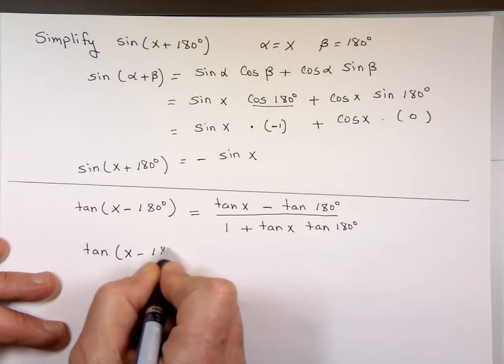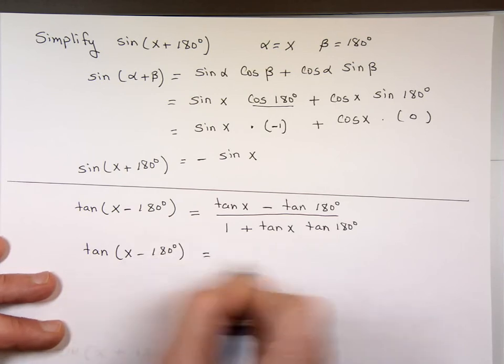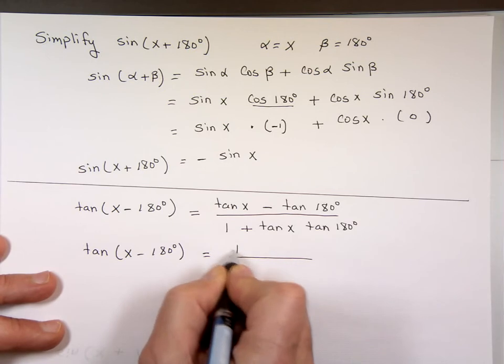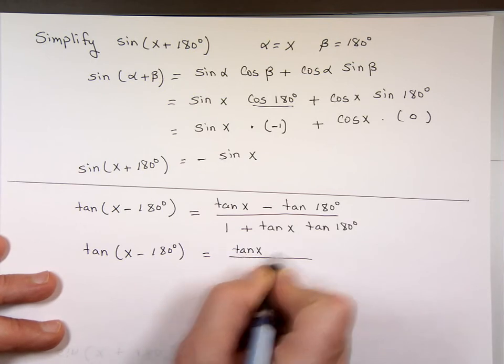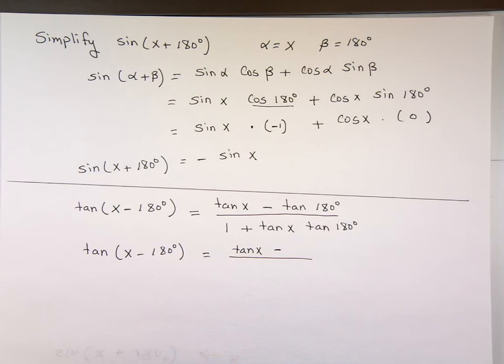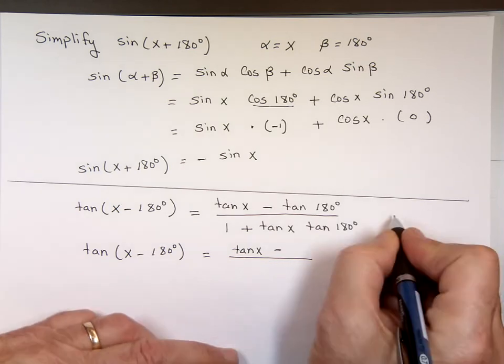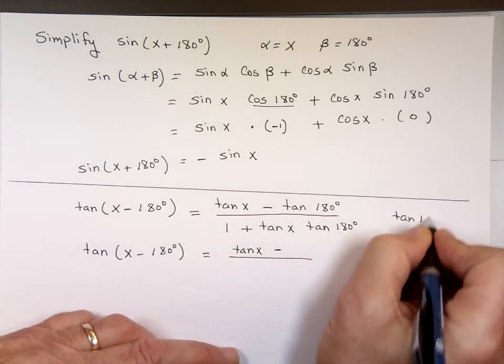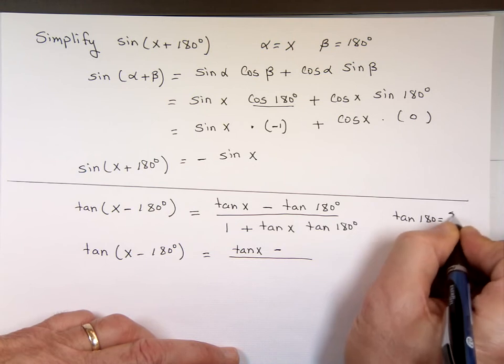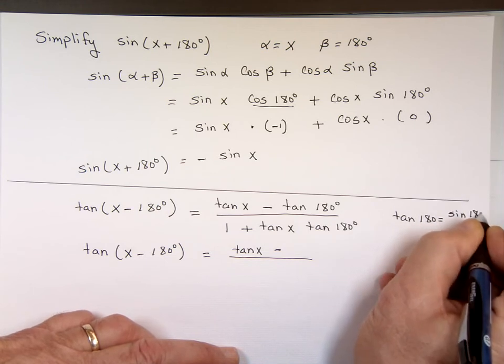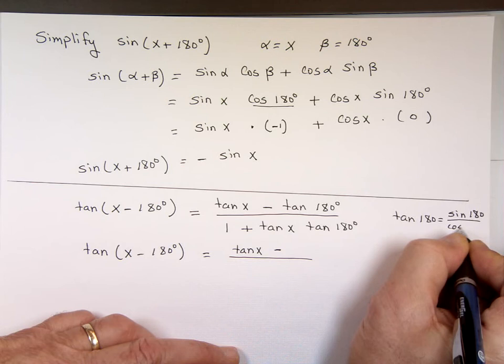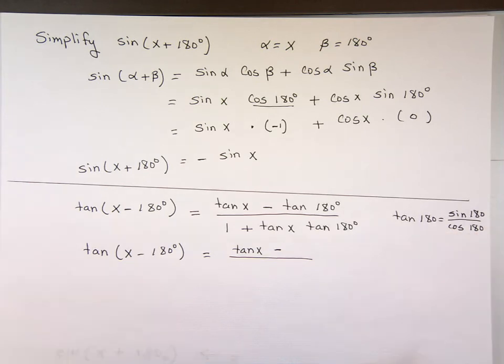So here we go. There's tangent x minus. What's the tangent of 180? Remember, the tangent of 180 is the sine of 180 over the cosine of 180. Or you can go to your calculator and get an answer for that.